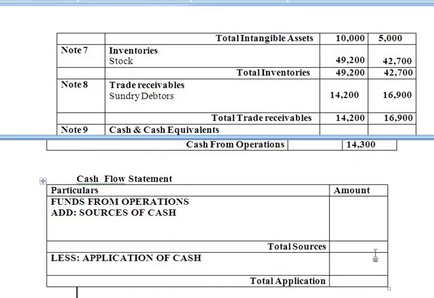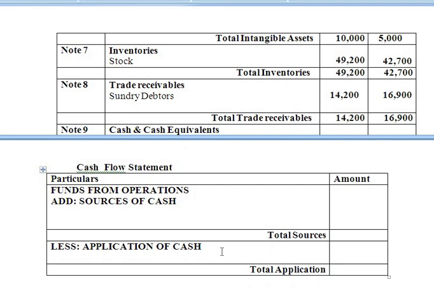Now next we have to prepare what? Cash flow statement. The calculation as per traditional method is very easy.